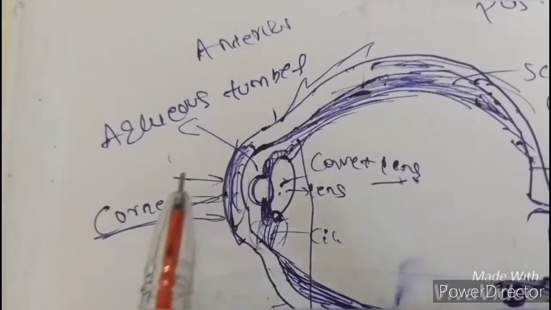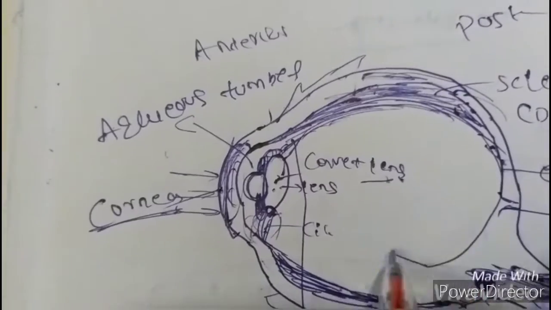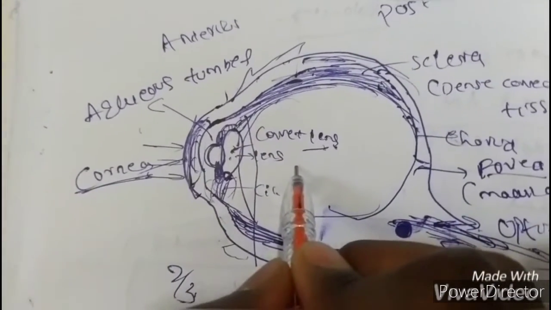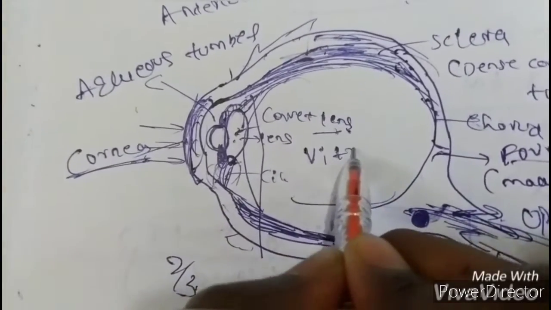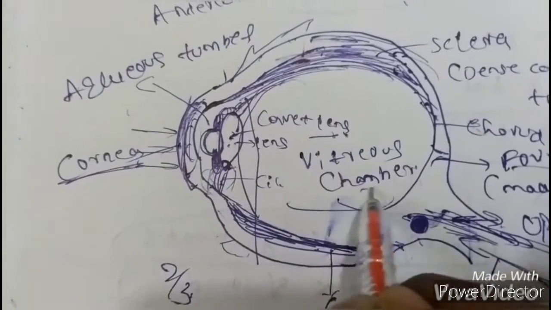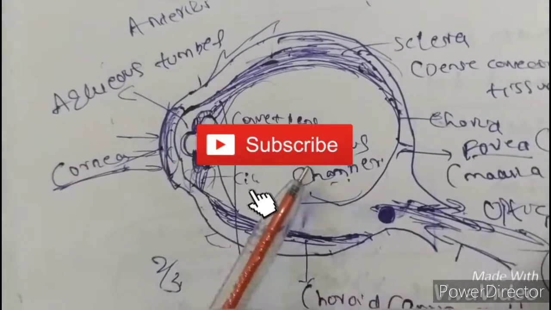The space between the lens and the retina is filled with a gelatinous substance, a transparent gel, called vitreous humor, in the vitreous chamber. They may ask about the aqueous humor and vitreous humor. These are the parts of the eye.